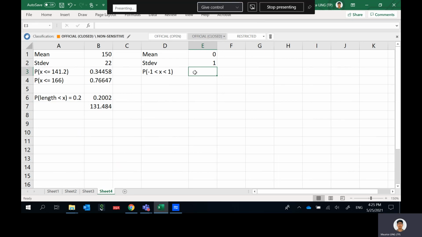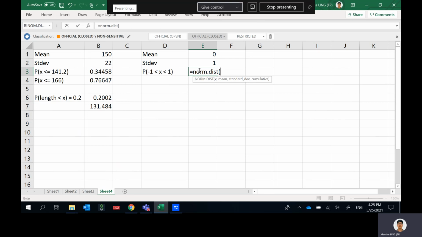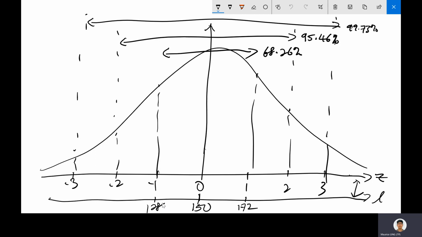Okay, so you can use your normal distribution. The x is for 1, then minus 1. It's exactly what I did here. So what you're doing is getting this whole range minus this range to find out what is this range.